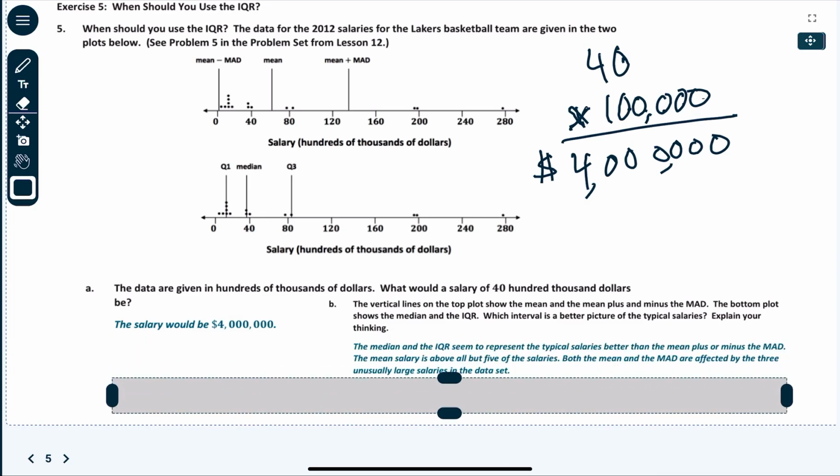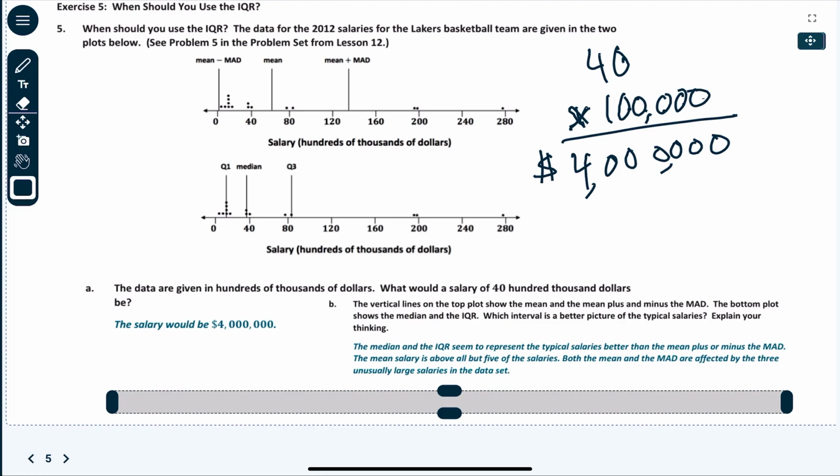Well, the median and the IQR seem to represent the typical salaries better than the mean plus or minus the MAD. The mean salary is above all but 5 of the salaries. Both the mean and the MAD are affected by the 3 unusual large salaries in the data set.